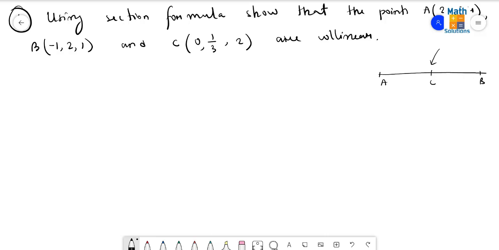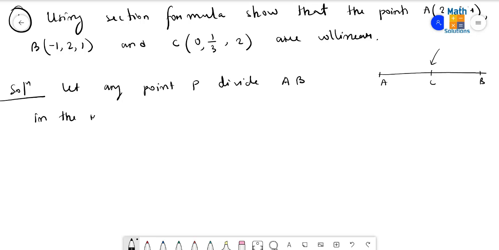For that, what do we have to do? We shall assume any other point, say let any point capital P divide AB in the ratio k is to 1.